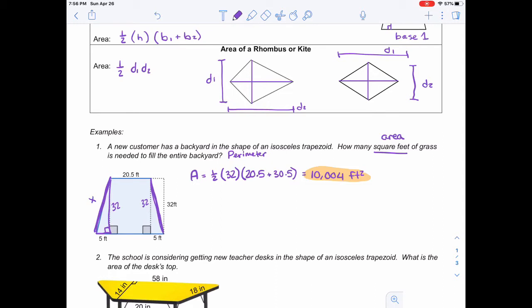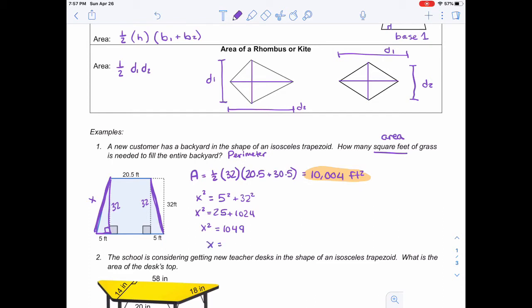So I'm going to go ahead and label it as x. And we have x as our hypotenuse of our right triangles. So x squared is going to equal 5 squared plus 32 squared. And if we simplify that a little bit, we get x squared is equal to 25 plus 1,024. And a little bit further, we get 1,049 is equal to our x squared.